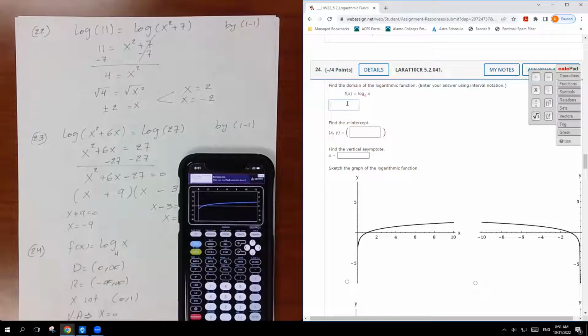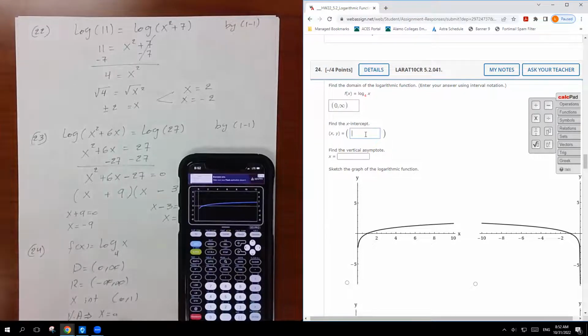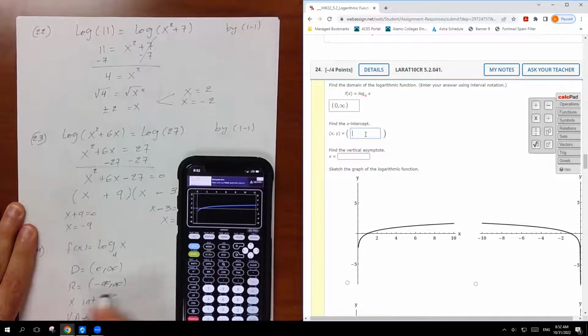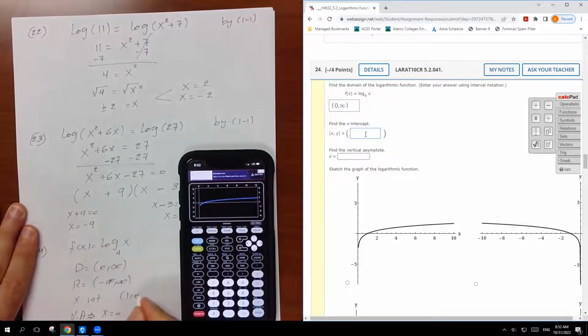They're telling you the domain is going to be from negative infinity to infinity. From 0 to infinity. How are we going to find the symbols? I think, yes. And the x-intercept is 1, 0. Why did I type 0, 1? I think there's something wrong here. You have to fix it also with the information. It's 1, 0, it's the x-intercept.